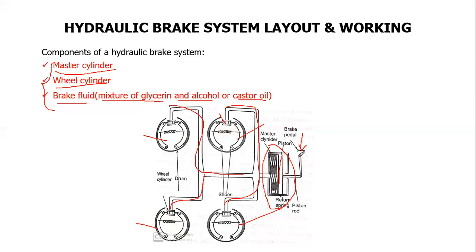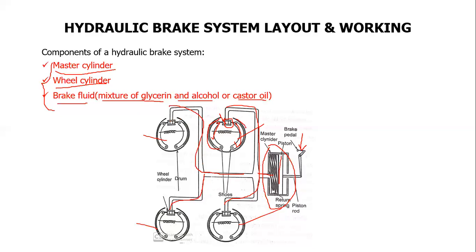Upon exerting a higher pressure in the master cylinder region, the pressure travels through these tubes and reaches the four wheels via these tubular columns. At the end of each tubular column, there are wheel cylinders, which in turn press the brake shoe against the rim of the wheel.